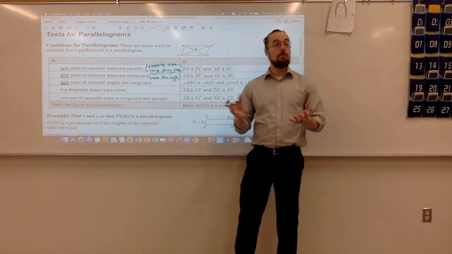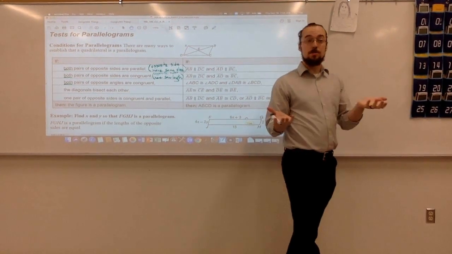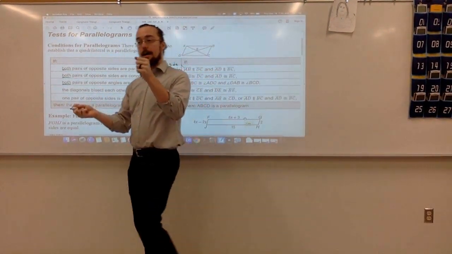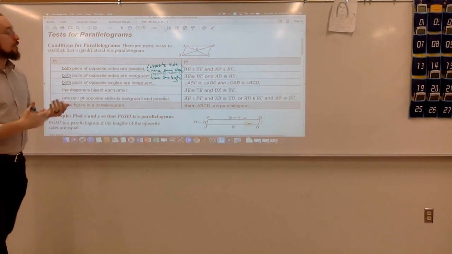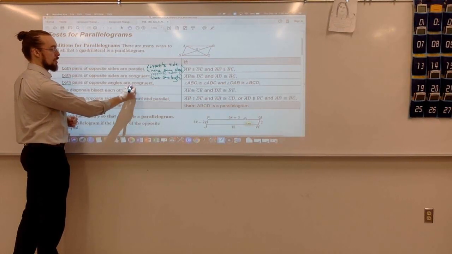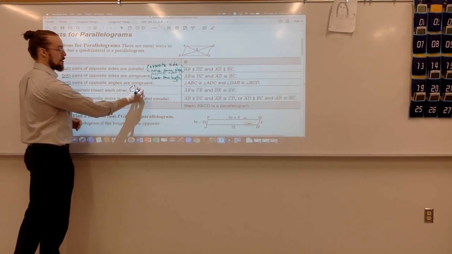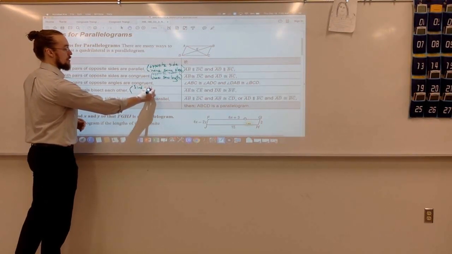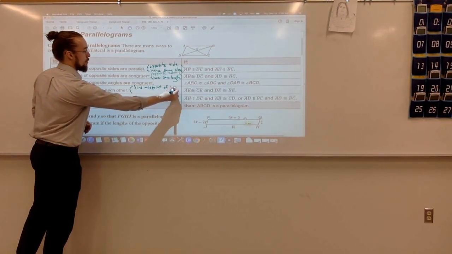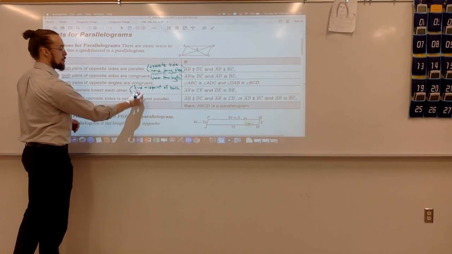Yeah, we want to find the midpoint of both and see if it's the same point. Okay? If the midpoint of both diagonals is the same point, then they would bisect each other. So, find midpoints of both diagonals.